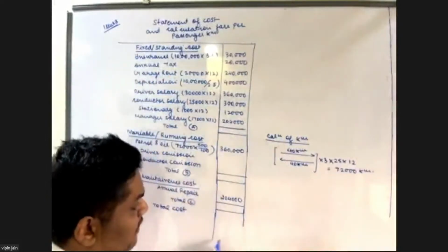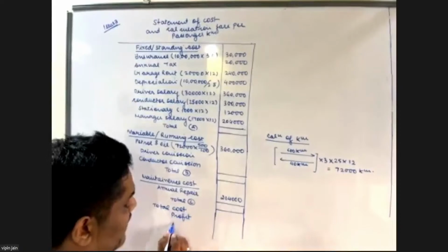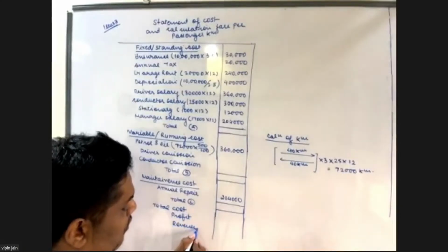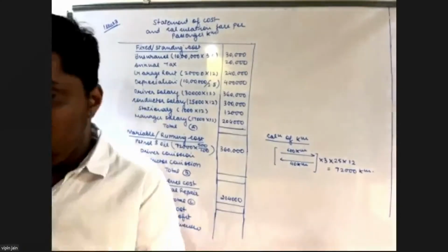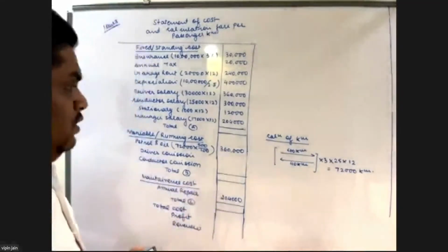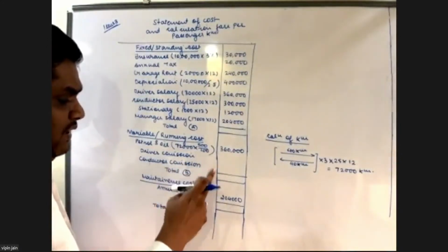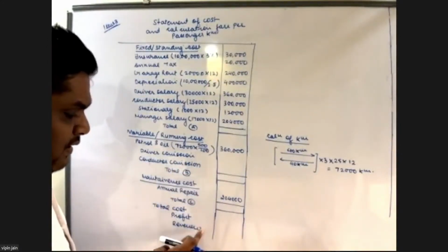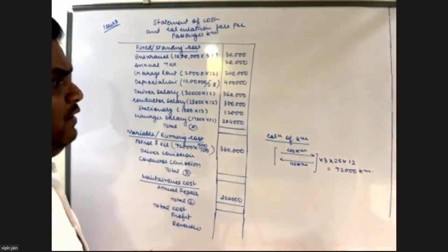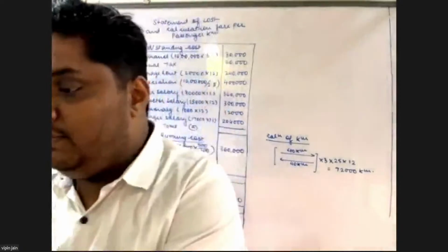In this, we'll add the profit, and we'll get the revenue. I hope this part of the board is visible to all. Yes, it is visible. So now we have to calculate driver commission, conductor commission, profit, total cost, and revenue. These all points need to be calculated.